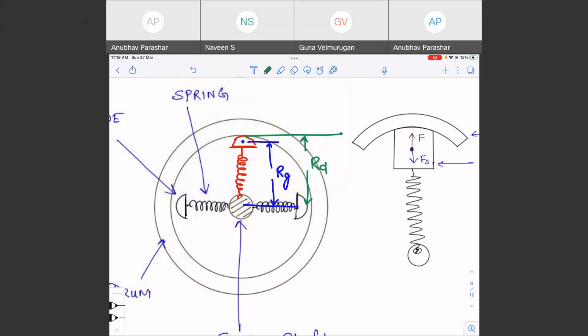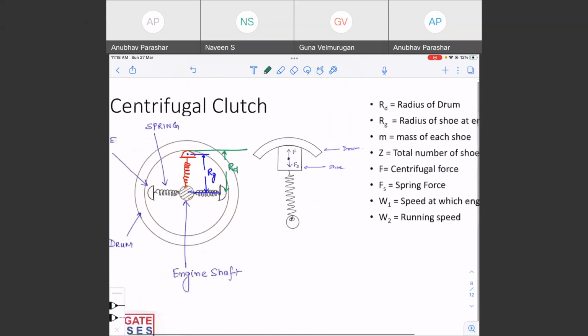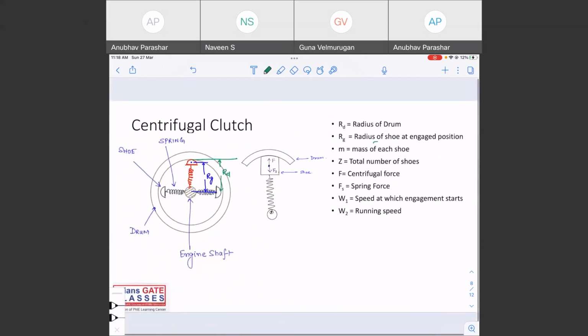Otherwise the shoe will not be engaged. At very low speed, because of the spring force, the shoe will not be engaged. Let us first understand the different terminologies, then we will be able to understand the equation properly. What is the concept?